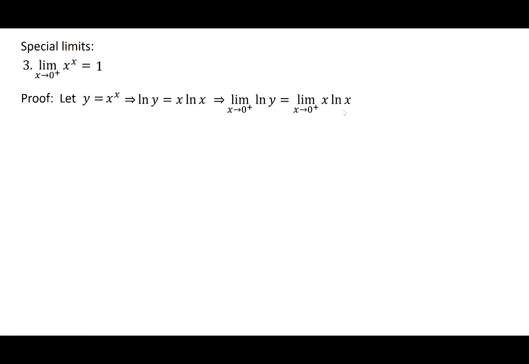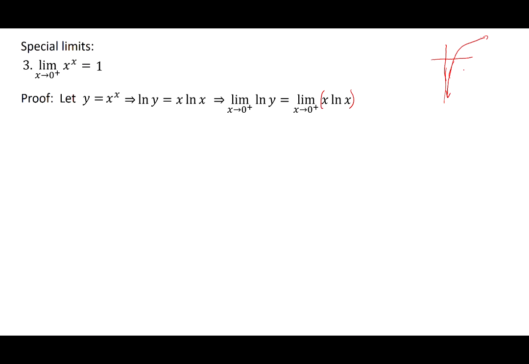I should have been careful in putting a parenthesis around this. Right. Then, what are we looking at? What happens to natural log of x as x approaches 0 plus? What happens to natural log of x as x approaches 0 from the right? Do you recall? Natural log of x graph looks something like this.